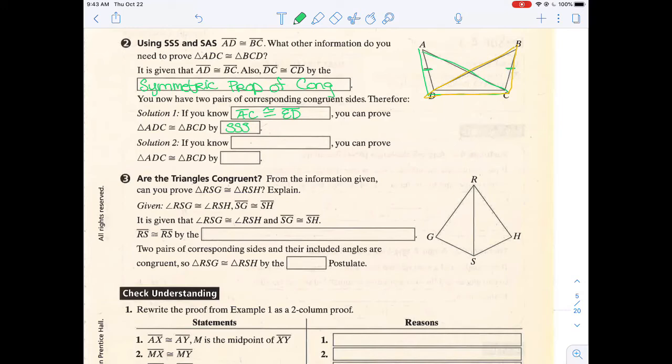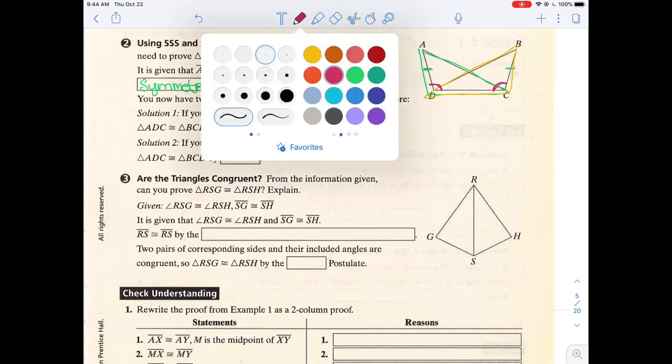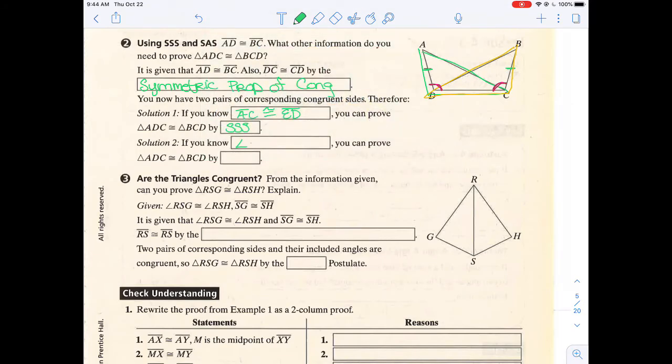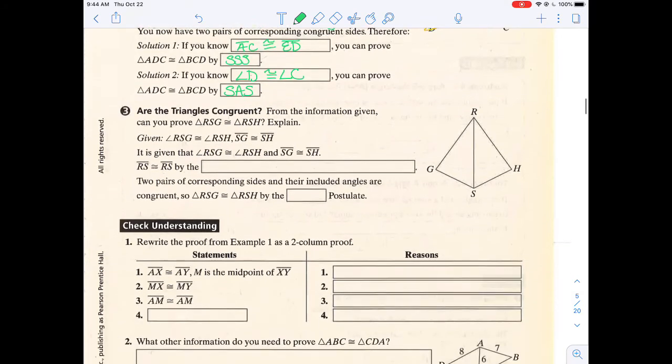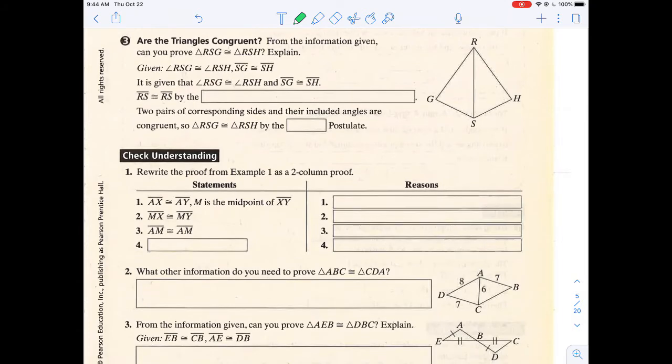We know AD and BC are congruent. So if we knew that this angle matched this angle, then we could use side angle side. So if we knew angle D was congruent to angle C, then we could use side angle side to prove these triangles were congruent.